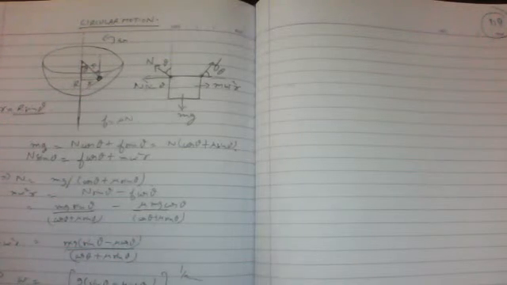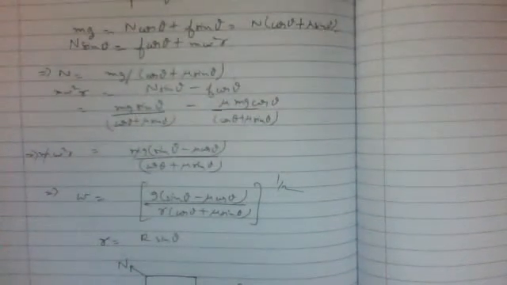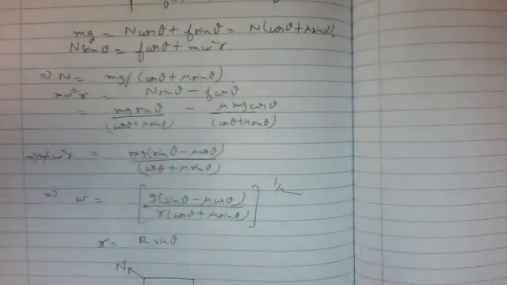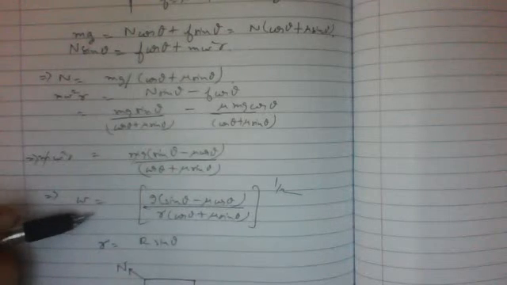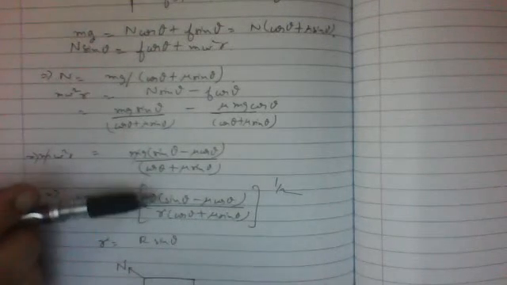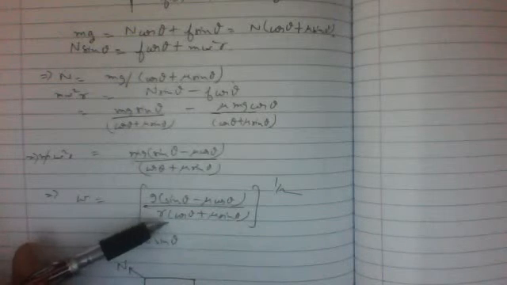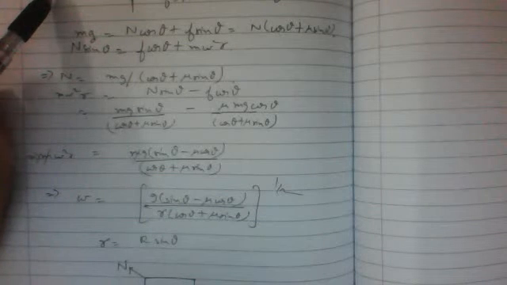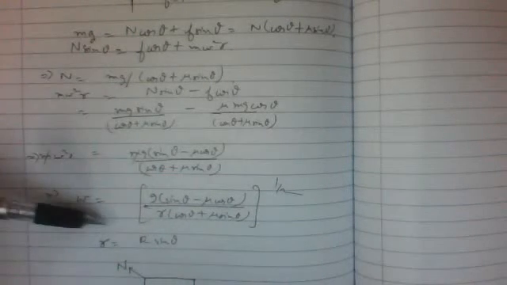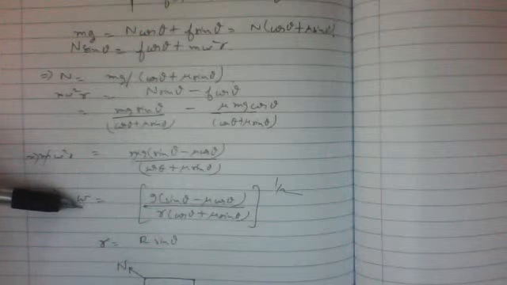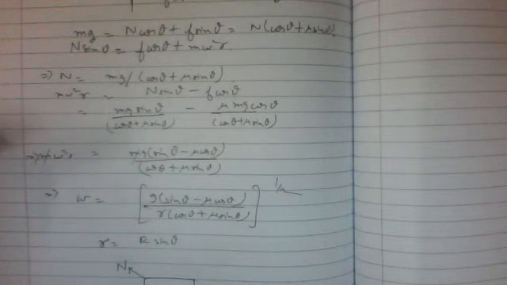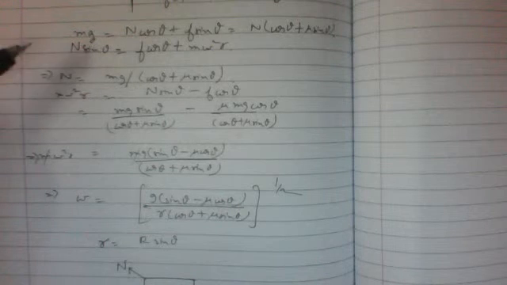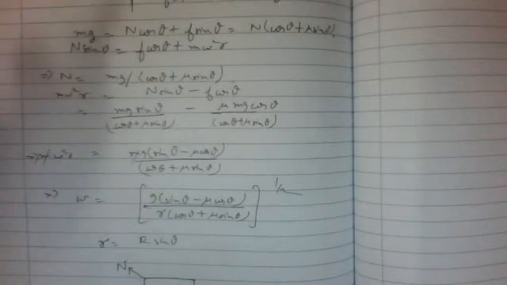If you will see here closely, the value for omega is given here: g sin theta minus mu cos theta upon small r cos theta plus mu sin theta. Now you can replace the r with capital R sin theta here, and you can get the expression for the angular velocity omega with which the hemisphere should rotate so that the block does not slide down.